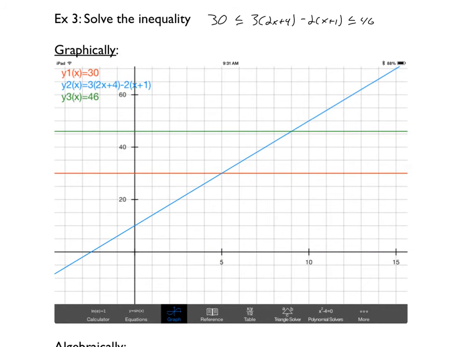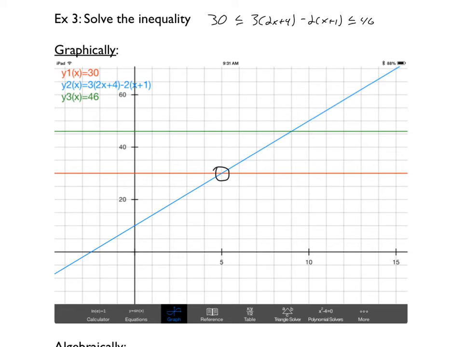Okay, now let's do a trickier example. So we have 30 is less than or equal to this function here, which is less than or equal to 46. So it looks like the upper bound is 46, the lower bound is 30. So we've graphed 46 in green, 30 in red, and our function, which is linear, is blue. So we want to figure out our points of intersection.